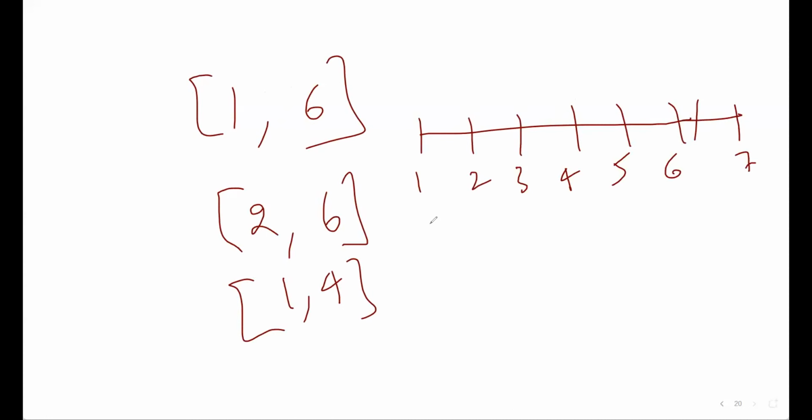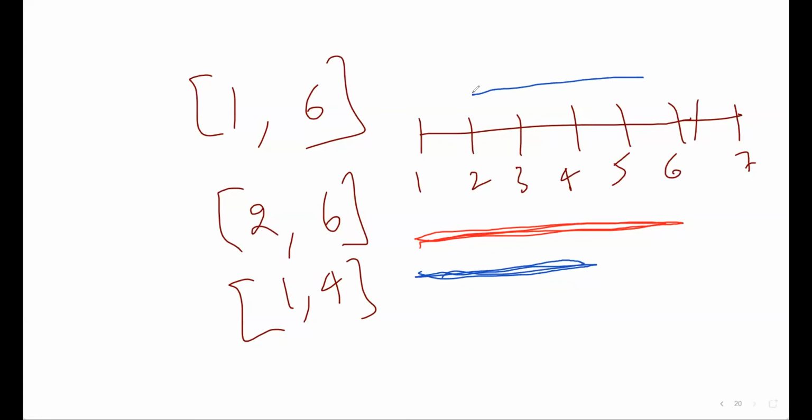The first range is from 1 to 6, so this is my first range. What is the second range? The second range is from 1 to 4. Let me use a different color. Okay, now after that we have a range from 2 to 6.